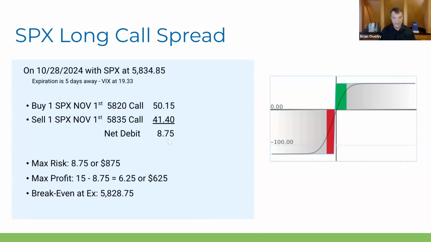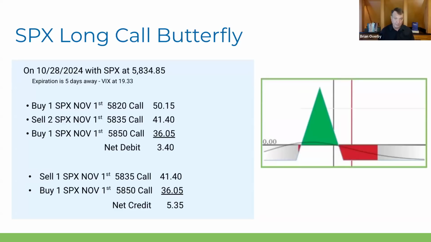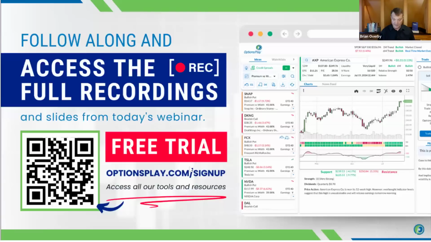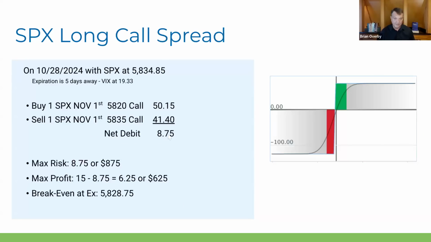So I put the trade on for $8.75. The market goes up, I sell, I'm out of the trade. The butterfly was trading for $3.40. But if the market goes down, and if I ever see this credit spread trading for $2.50 or around $2.25, I'm going to roll into that spread, and then I end up taking the net debit of this trade down.